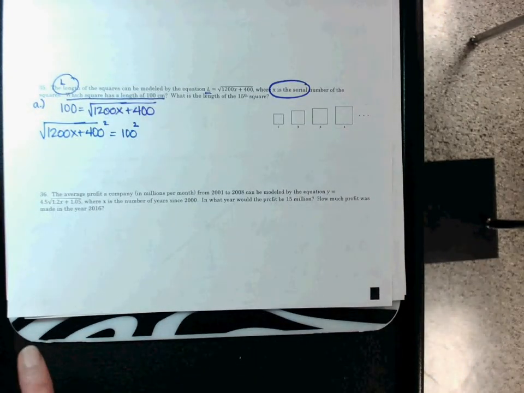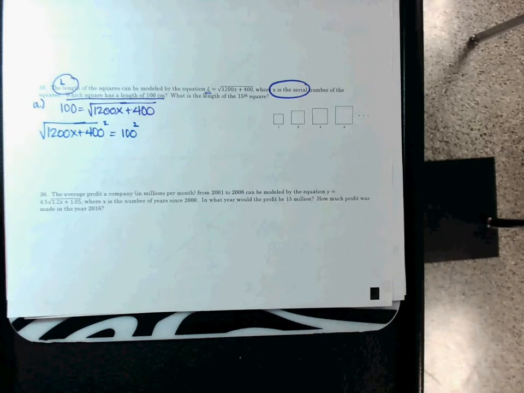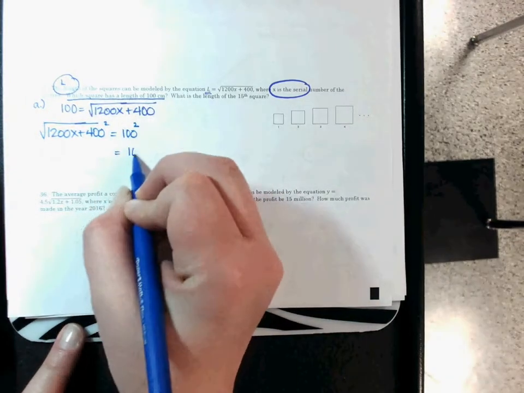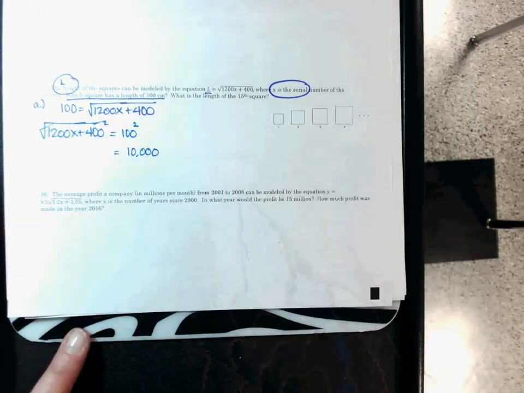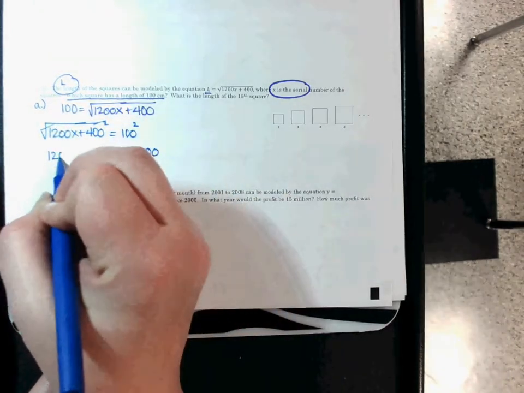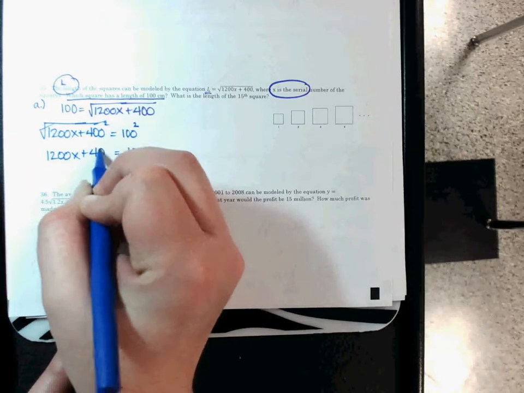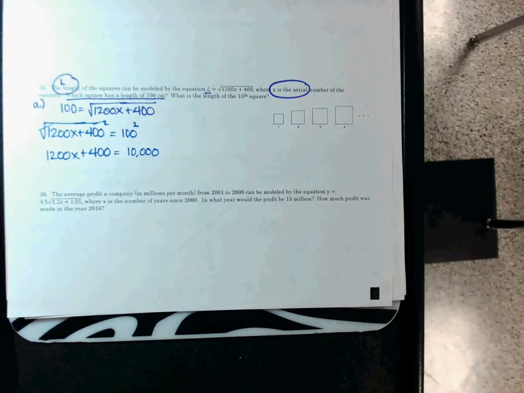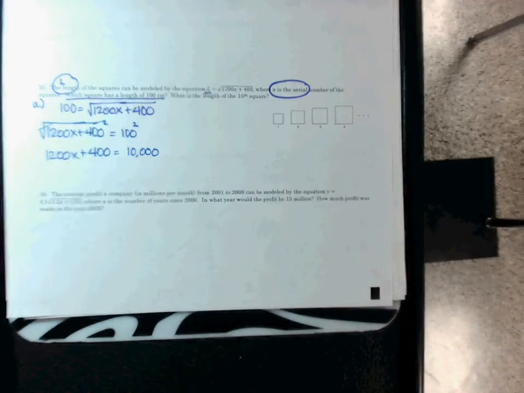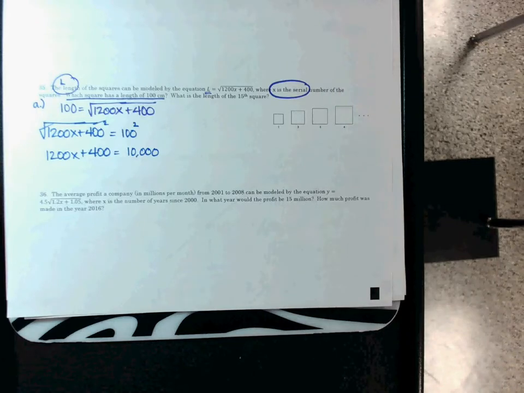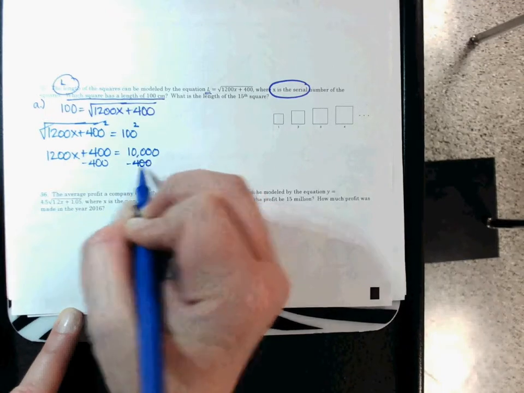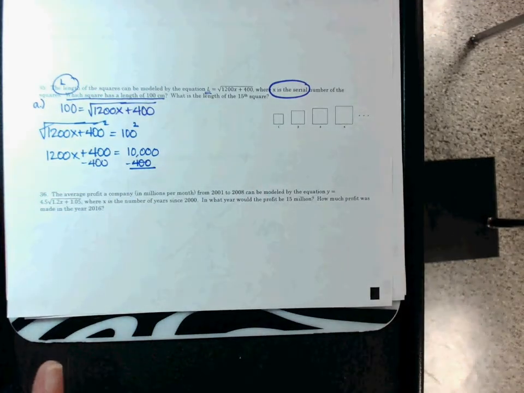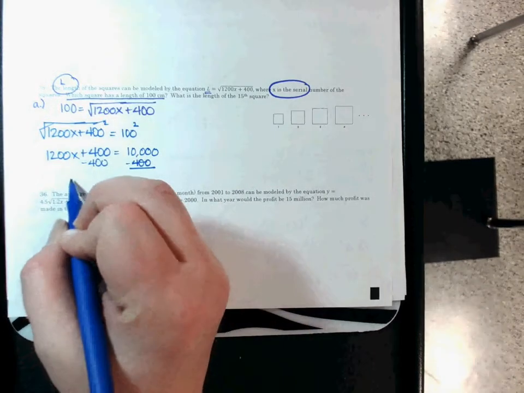Okay, in your calculator, 100 times 100 gives me 10,000. And on the other side, these square roots cross out. So I have 1200x plus 400. Big numbers, but we can do it. What's the next step? Yep, take away the 400. 10,000 minus 400.